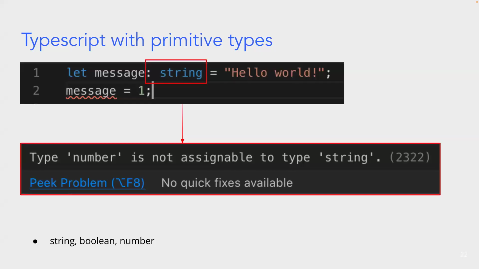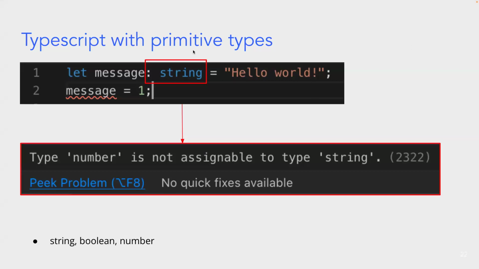Okay, so now that you've heard some of the basics on what TypeScript is and why you might want to switch to TypeScript, let's go over some more specifics on how to write TypeScript code. So remember, we have three main primitive types, which are string, boolean, and number. When you declare variables in TypeScript, you can explicitly define the type of the variable.